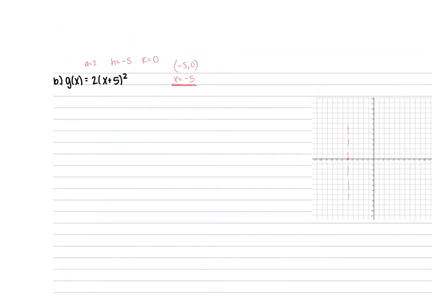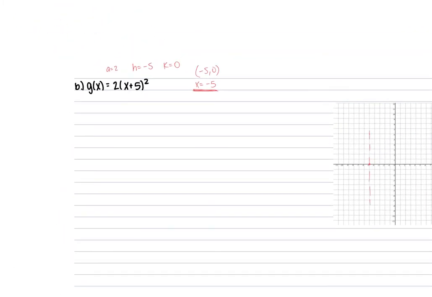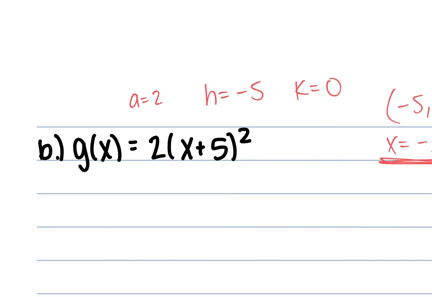All right, now, what is my A value doing to my graph? Gabby? Excellent. It's going to be a vertical stretch by 2. And a vertical stretch by 2 is going to make it skinny or fat? Skinny.